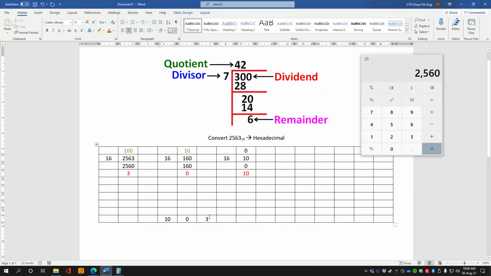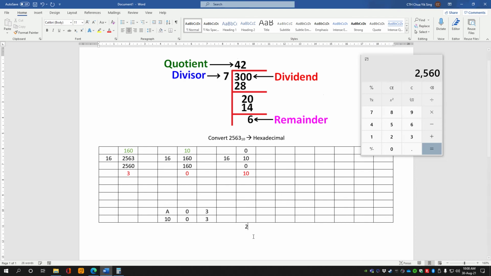Okay, 3 goes here. It's reverse order. But now we cannot use this 10 as a hexadecimal, because 10 in hexadecimal is A. So the answer is A 0 3 base 16.